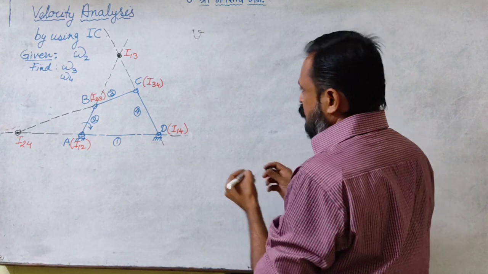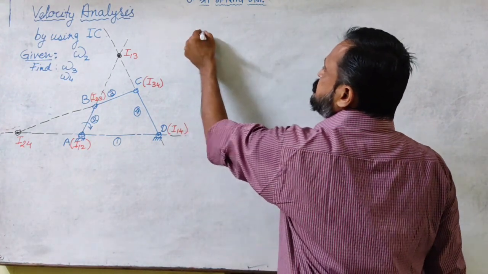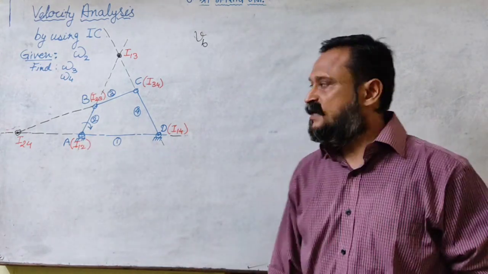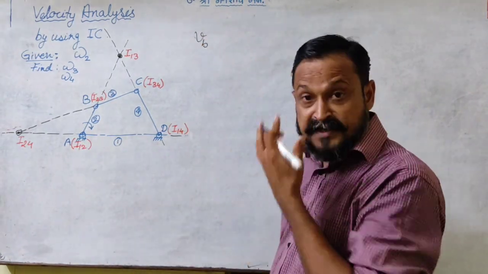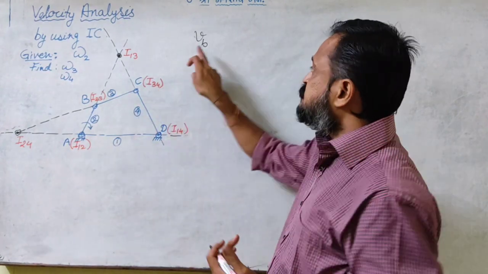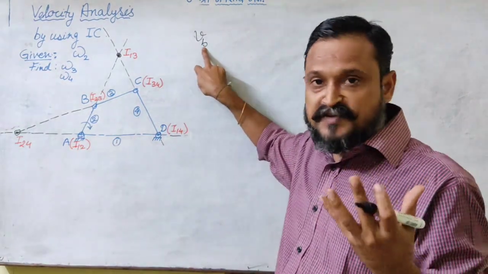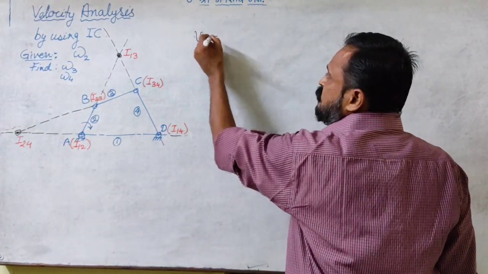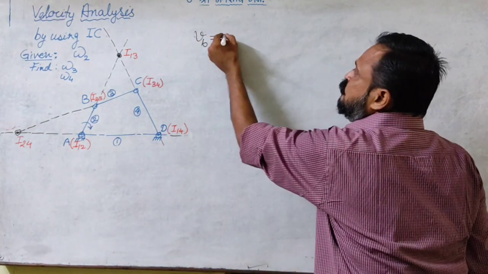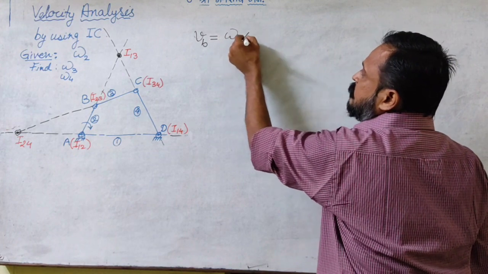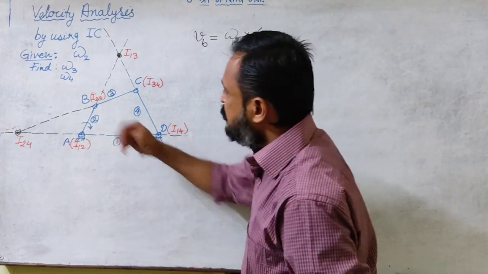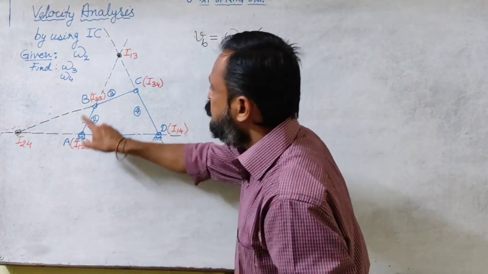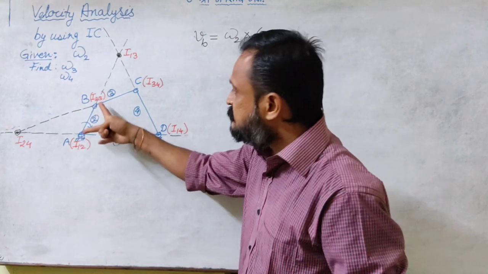The instantaneous velocity of B with respect to A, or when it is absolute, with respect to fixed, I can simply write velocity of B. So the instantaneous velocity of B will be omega 2 into the link length AB, or I can say I 1,2 I 2,3.